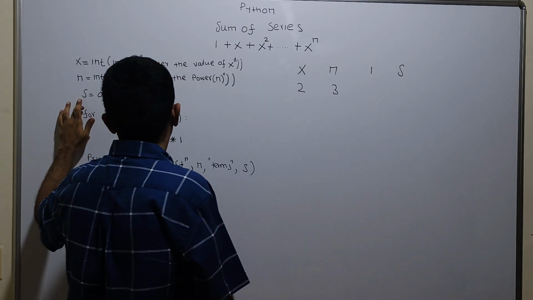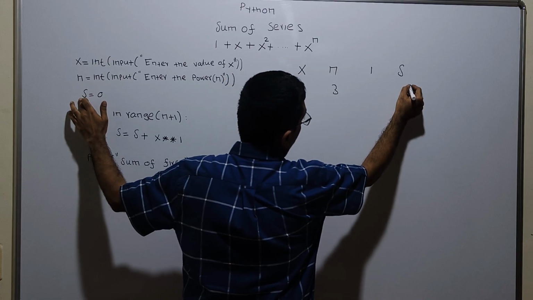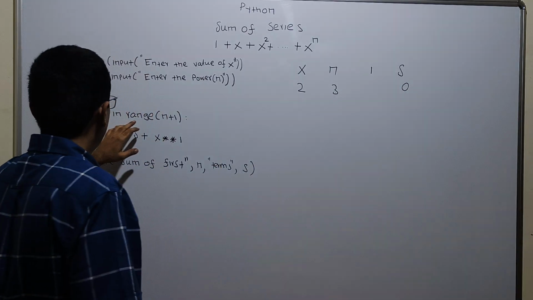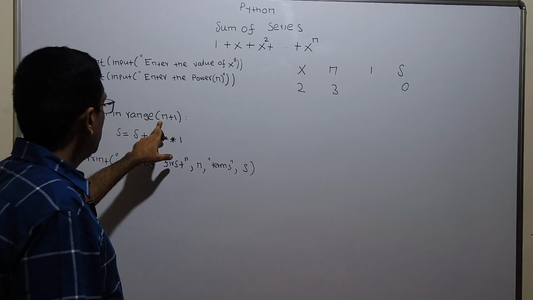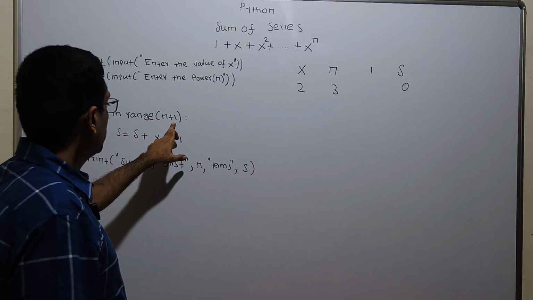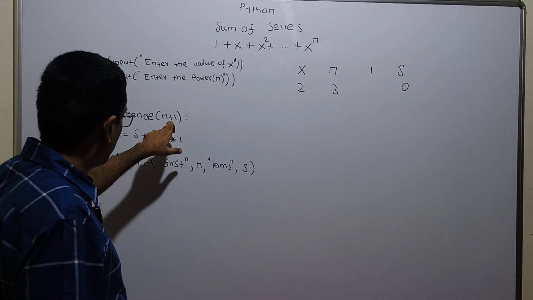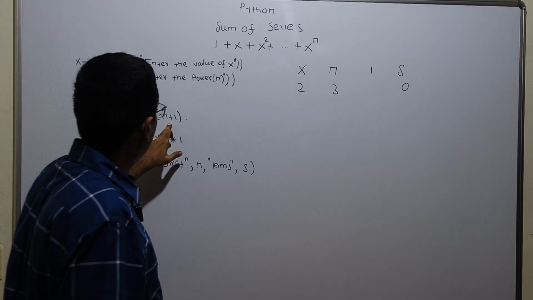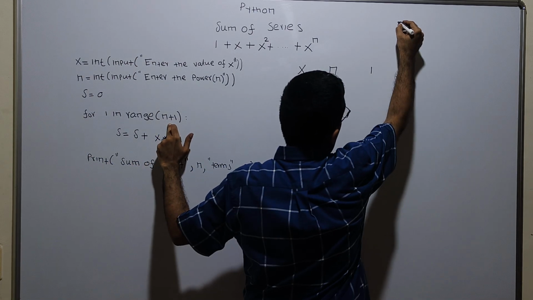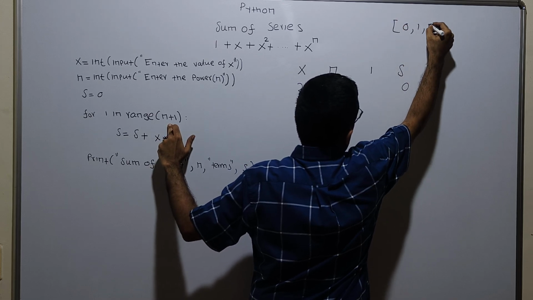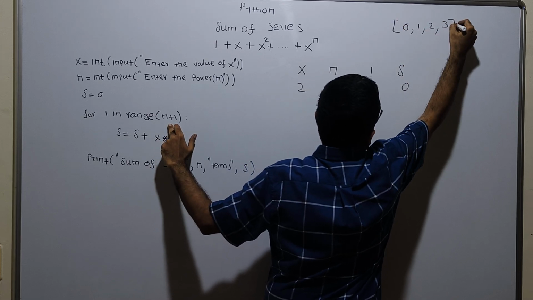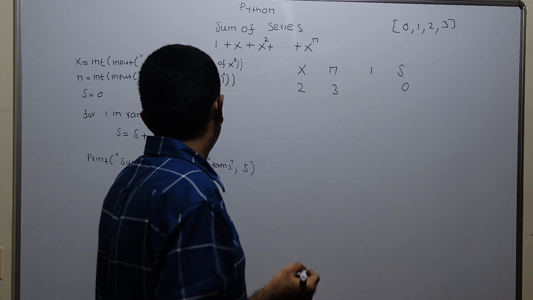The initial value of s is 0. Now the range function will generate a list from 0 to n, because when you give n plus 1, it will generate up to n. The list will contain the values 0, 1, 2 and 3. n has the value 3.